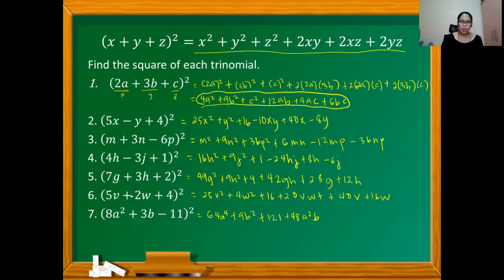And then 2 times the first term times the last term. So this is minus 176a squared. And then 2 times 3. So we have 6b times negative 11. So that's negative 66b. So that's the answer for number 7.